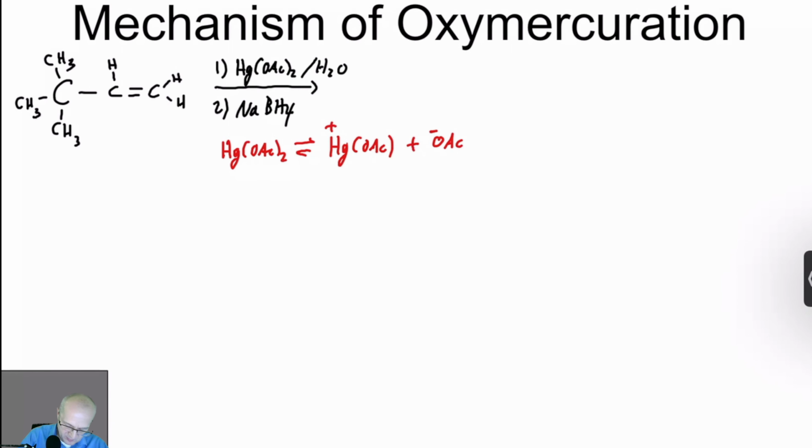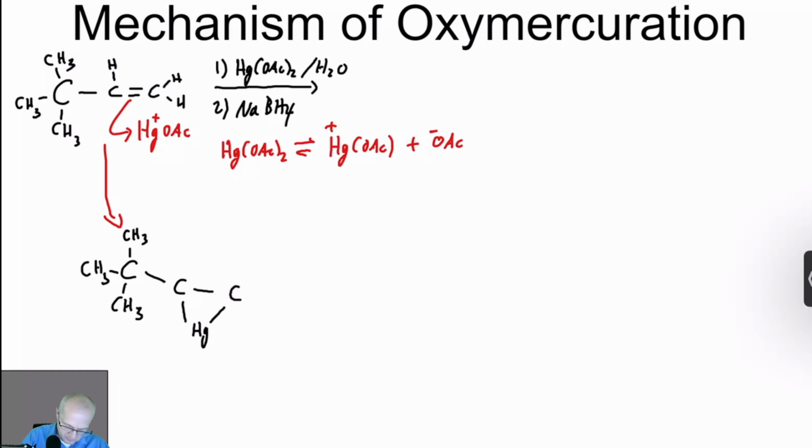This bad boy gets attacked by the pi bond, and that's going to give us the mercuronium ion, which looks something like this. Which now will be attacked by the water to open up this ring here.